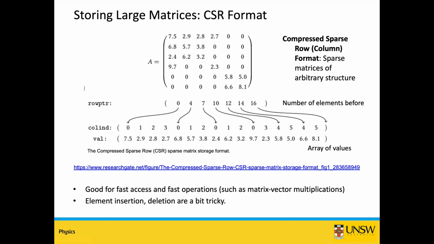But notice that if you want to now change an element, it might be a bit tricky to do so randomly. And also, if you want to insert or delete an element, then you have to modify a lot of the elements. So this becomes quite tricky.